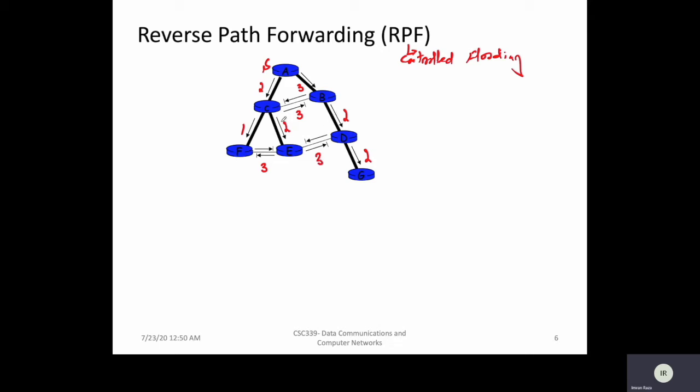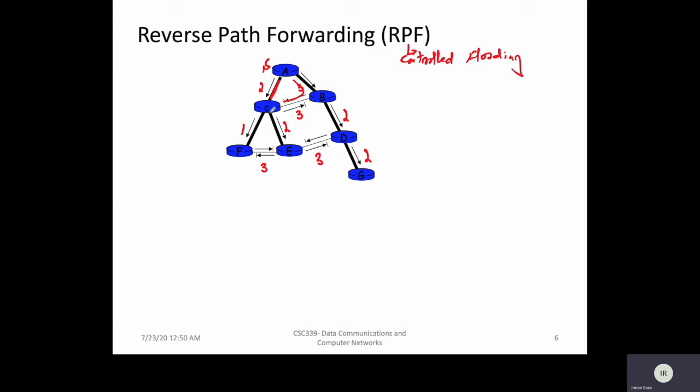Right. So what do you think is the least cost from router C back to source A? Is it this link having cost 2, or do you think it's this path, from A to B and then B to C? Obviously, if I take this path, the cost is 3 plus 3, which is 6.